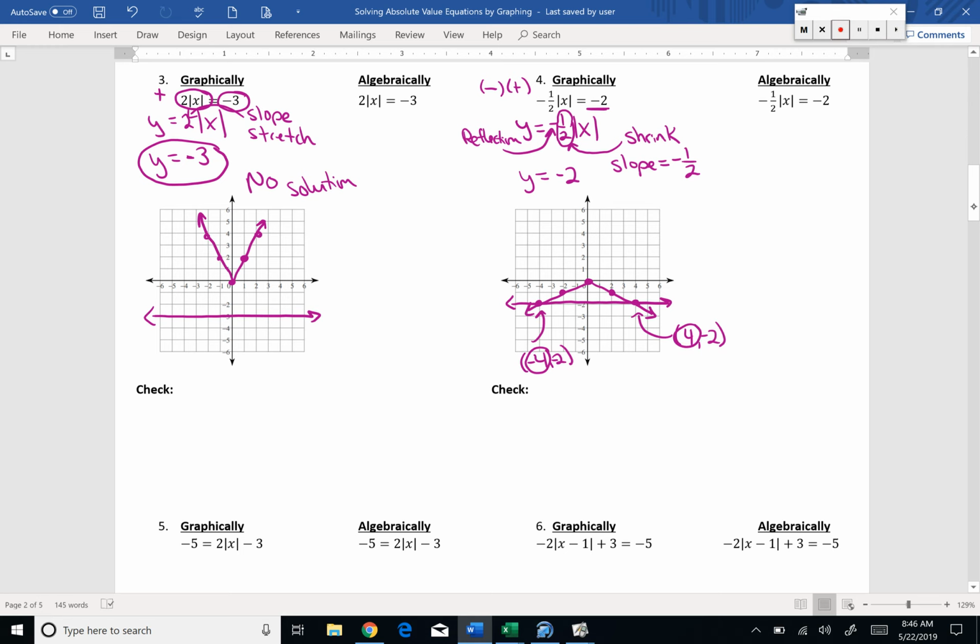Because really, we're not solving a system, we're solving just a single equation. To solve it, we ended up graphing each side. We turned it into a system. And then so important, so very important that we check. We've got x equals -4 and 4. It's so important that we check.